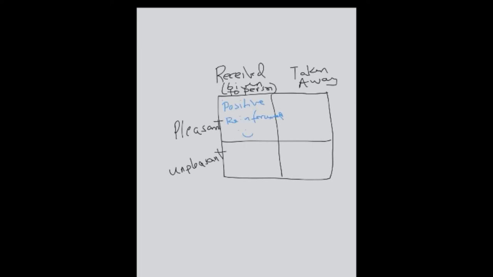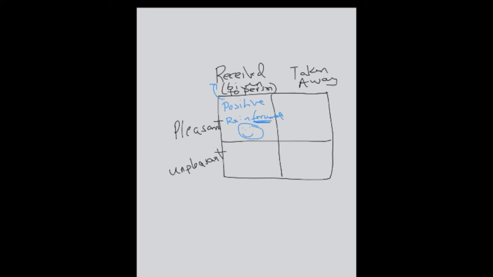I'm going to put a little smiley face here too, to remind us that this is something that we want. The word positive here comes from the fact that this is something that's received. And what makes it reinforcement is that it has a good outcome. It makes us happy. It's something that we want. That's what determines that it's reinforcement. So the word positive here doesn't mean that it's good in this case. It just means that the person is receiving something.